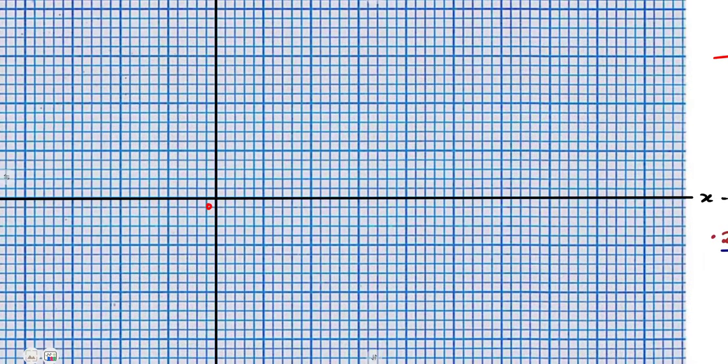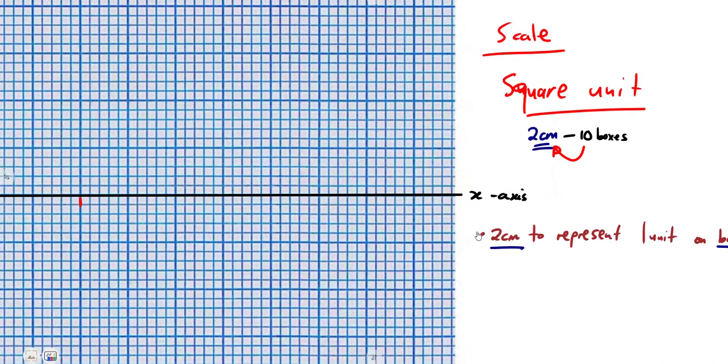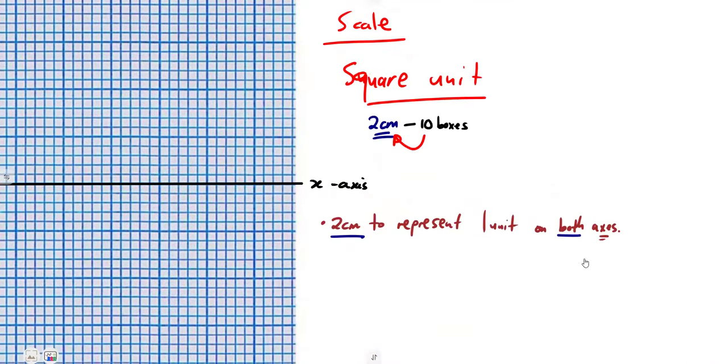So after every 2 centimeters, you count 10 boxes, 1, 2, up to 10. You indicate 1. This is 2 centimeters, representing 1 unit, as we are given 2 centimeters to represent 1 unit on both axes.